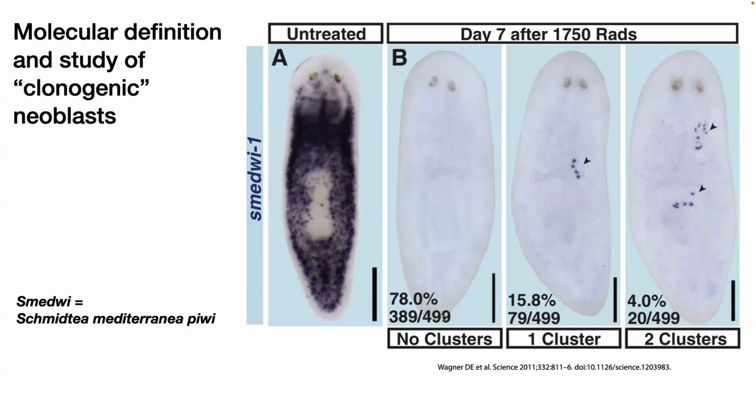So you basically see animals that either completely lack these cells, or where their number suggests that maybe a single cell survived and then kept on dividing, or in this case two of these cells existed and now form two clusters.